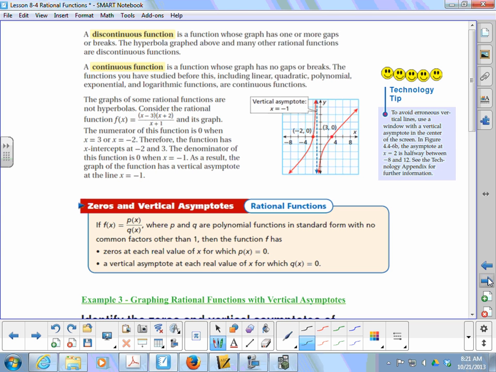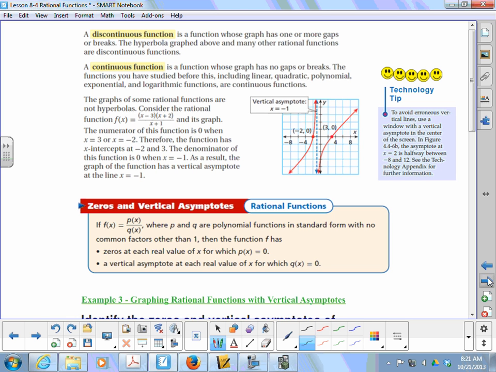And then in the denominator, we have x plus 1. Well, what's the one thing we can't do when we divide? We can't divide by what number? 0. Okay? So if I put negative 1 in there for x, then that would be undefined, wouldn't it? Because we can't divide by 0.